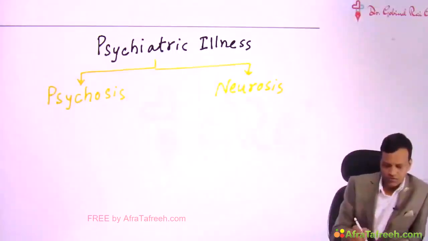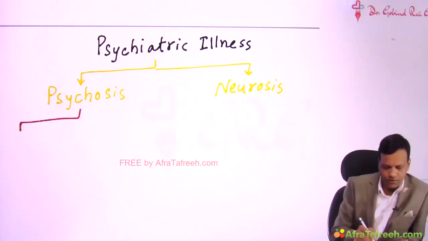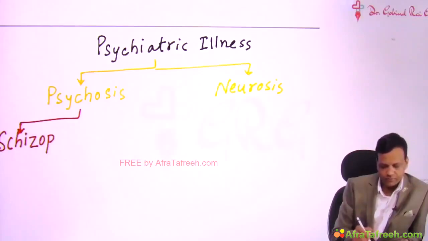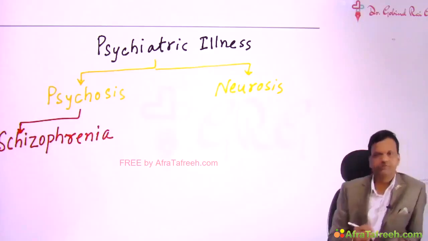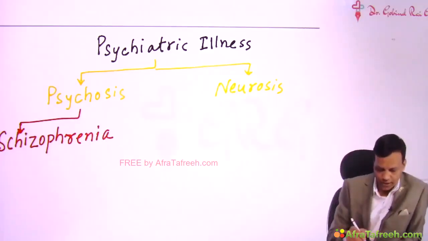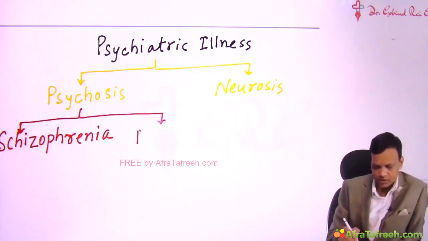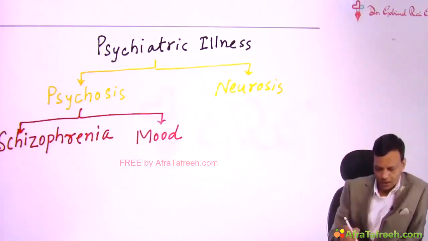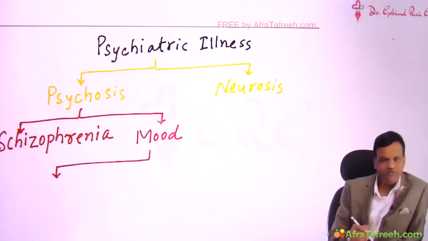Now the psychosis is further of two types. One is the major psychosis, which is also called schizophrenia. The second type of psychotic illness is called mood disorders. The patient may have aggressive mood, violent behavior, which is called mania.